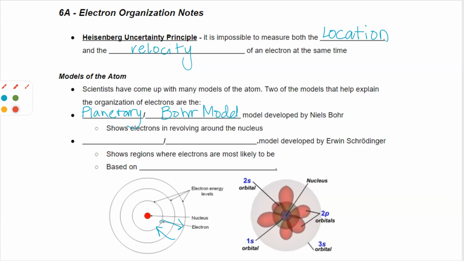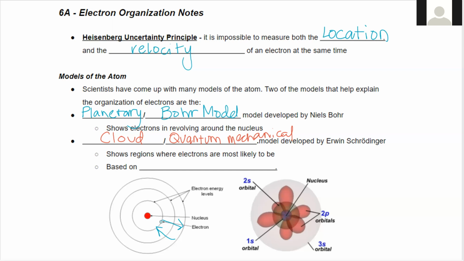And this model is developed by Erwin Schrödinger, and so it's often called the cloud model, or the other name for it is the quantum mechanical model. The cloud or the quantum mechanical model of the atom shows us where electrons are likely to be.